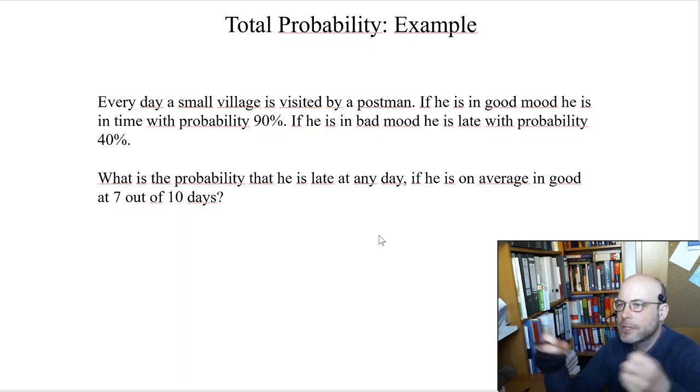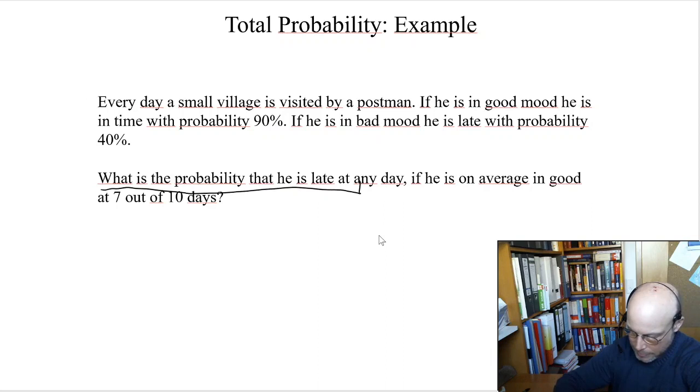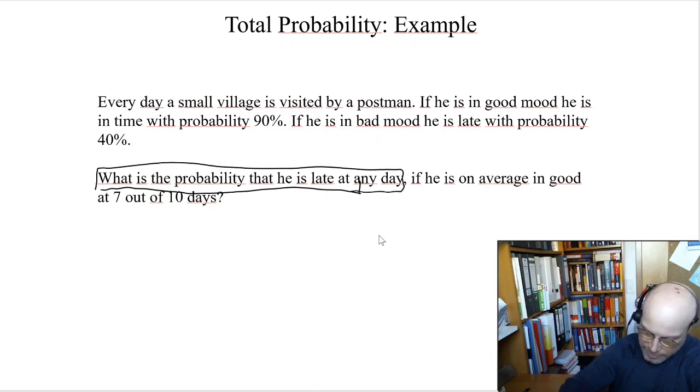And we just say this guy on average will be in good mood 7 out of 10 days. What is then the probability that our funny postman is late?